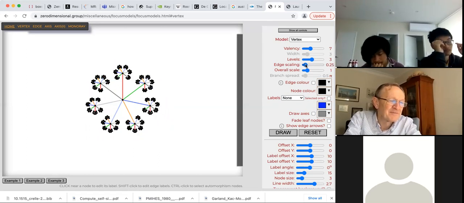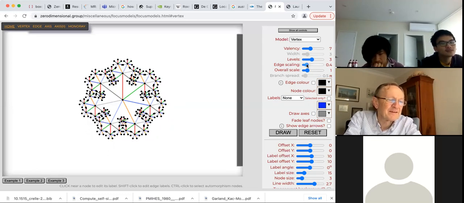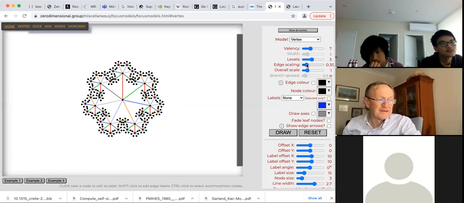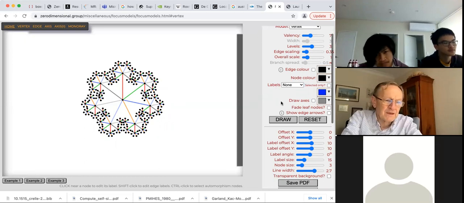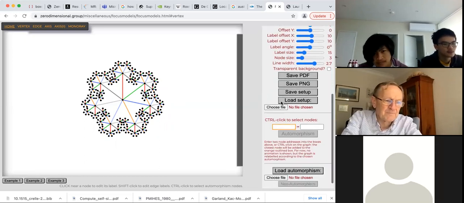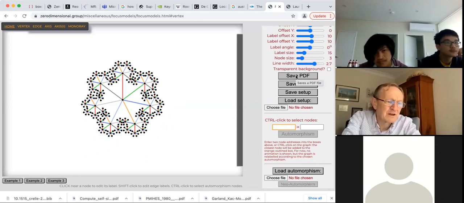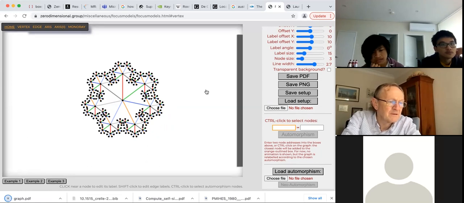The slide is fairly touchy. Anyway, you can have fun playing around with this. Once you get a picture that you want to use, you can include it in a document. This is something we might want to do in the report on this vertex transitive graph project: we can export the image as a PDF.